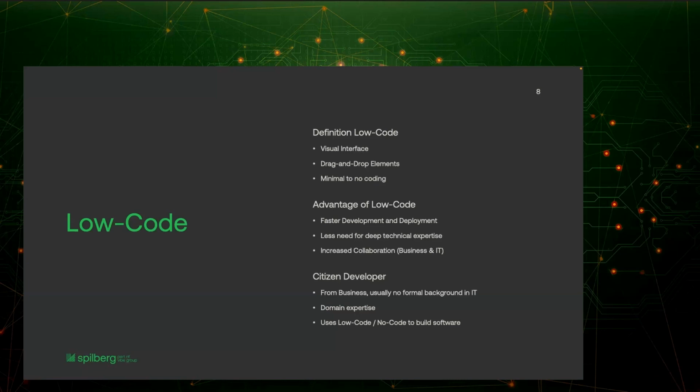What else do we have? We have increased collaboration between business and IT. The main thing about low code is that now you can enable business users, also called citizen developers, we will come to that later, to put their expertise into code, because it's really easier for them to enter the application development cycle. They can collaborate more easily with IT.